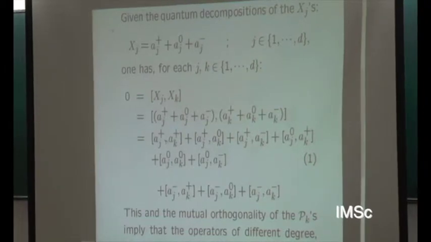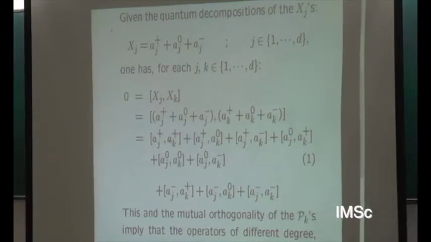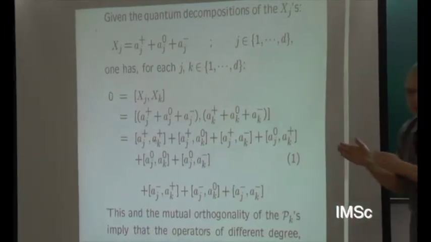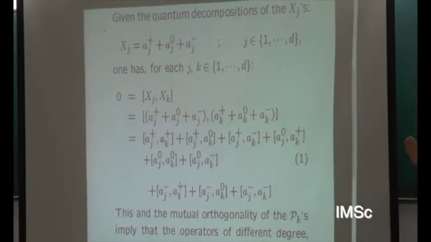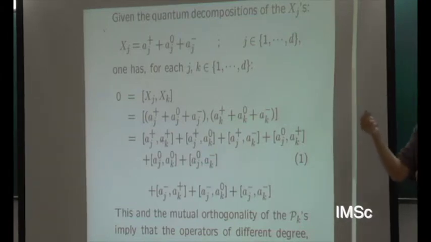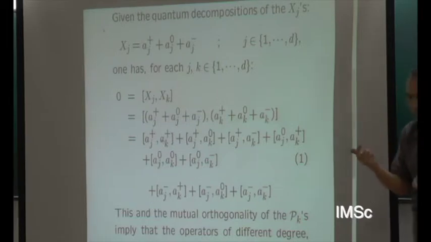For example, this operator has two creators, so it has degree plus 2. It doesn't matter which order, because any creator brings from k to k plus 1, and so iterated application of another creator will get to k plus 2. So this commutator will have a range in the space Pk plus 2.